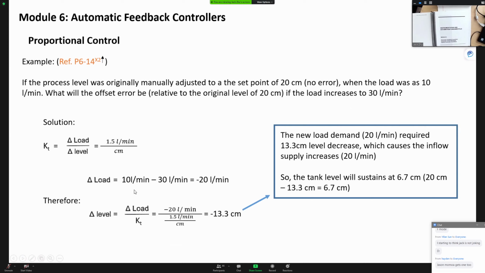So if you open the valve more, you drain more water. That's where you change the demand. When you change the demand, the VFD will try to pump more water to meet the demand, but your water level will change.